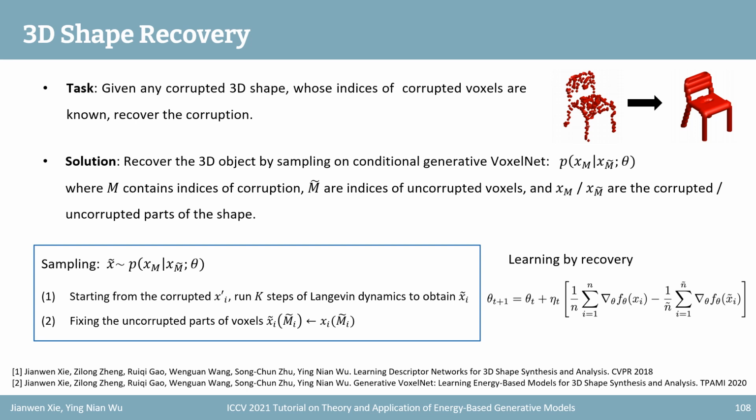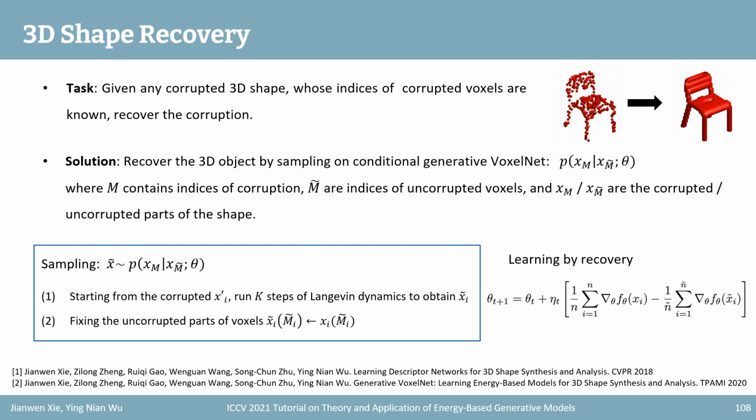Given a dataset of 3D shapes, we can easily generate corrupted versions of the dataset by randomly masking some voxels of each 3D shape. Then we learn a distribution of invisible voxels conditioned on visible voxels. Such a conditional distribution can be used for inpainting.